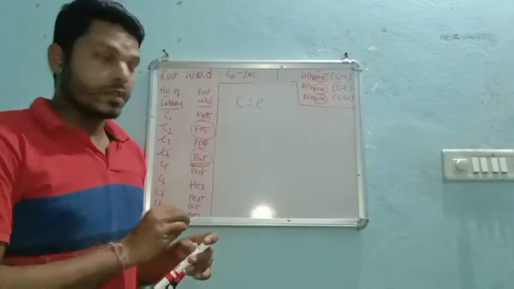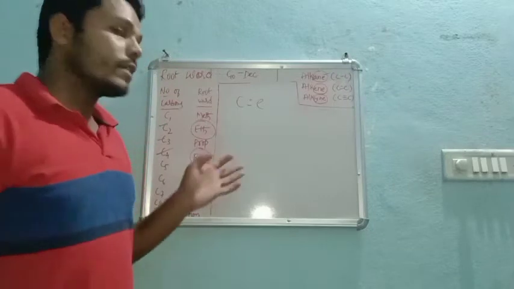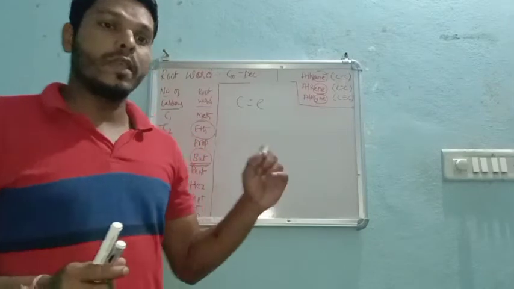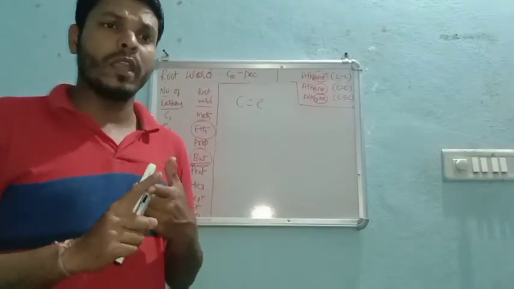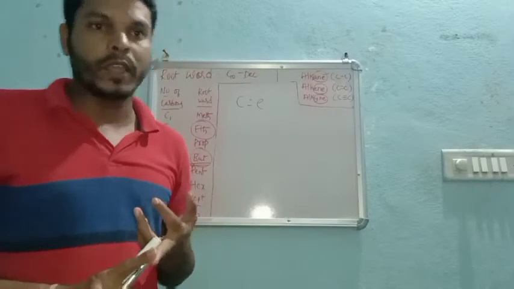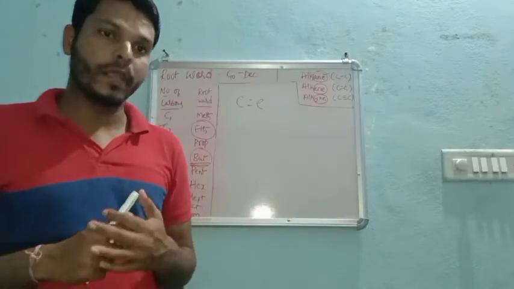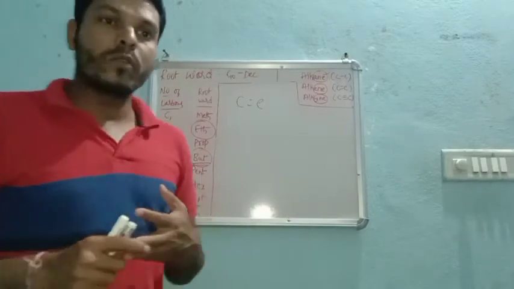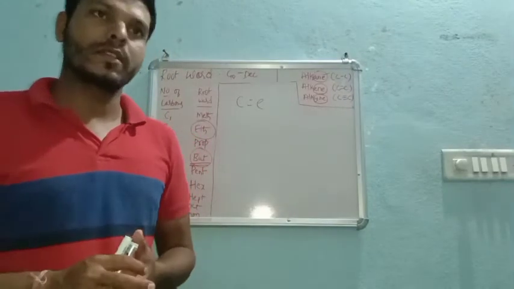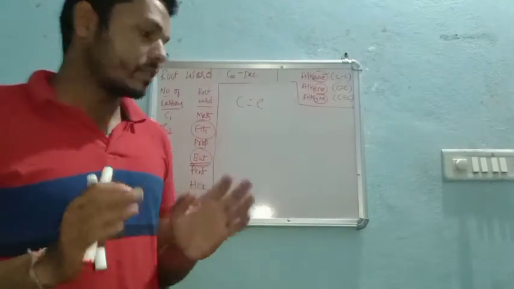Before starting this class, I again want to make clear that I am giving just a hint to name the organic compounds. I am not going into difficulties, like compounds having branches, large or big compounds, and compounds having functional groups. You might see such examples in your books, but I am not going into that detail.